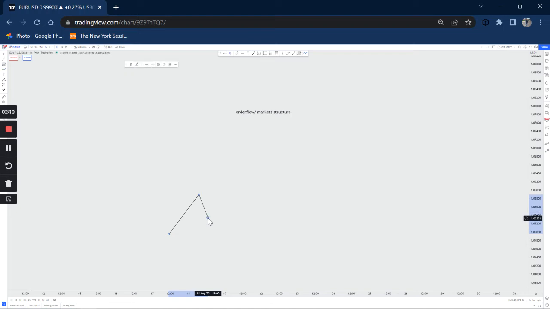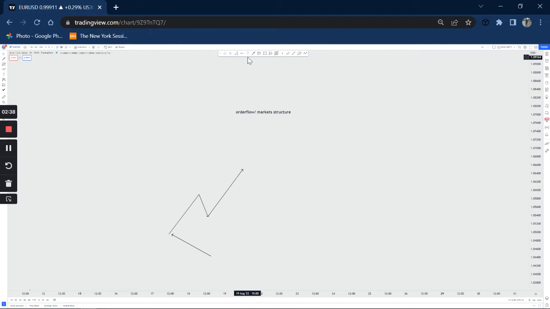So guys, bear in mind this pullback must not be lower than this high here, because once it becomes lower than this high, then we might see a potential change of trend. So it has to be above these highs here. As you can see, we have these lower highs and then we break above to make new higher highs here. Pretty simple, I believe.